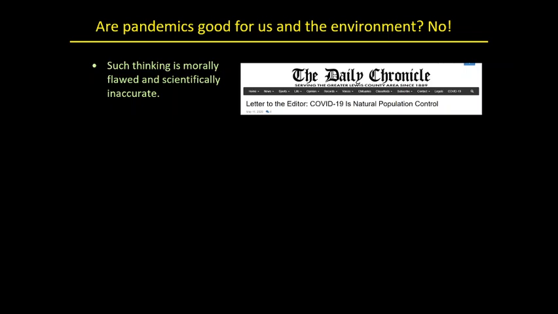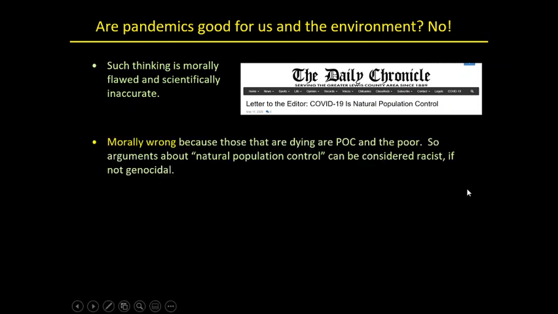So let's unpack this. First of all, this thinking is morally flawed, and scientifically it is also flawed. To begin with, it's morally wrong because if you look at the COVID pandemic, who's dying? It's people of color. Here in the U.S., it's predominantly Latinx and African Americans that are dying, and it's poor people everywhere.